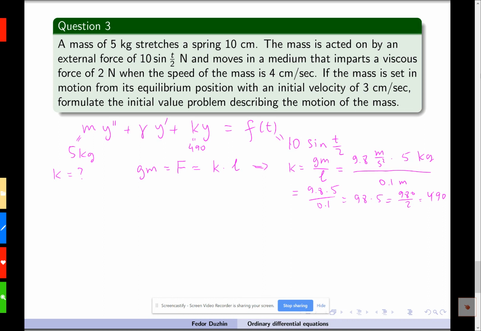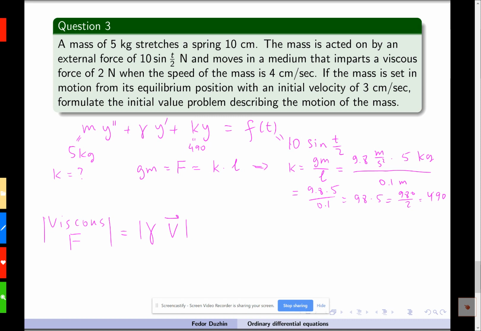And then we need to find gamma. Gamma is tied to this viscous force. Its magnitude is some coefficient of proportionality, gamma, times the magnitude of the speed, because the viscous force is proportional to the speed of the motion.